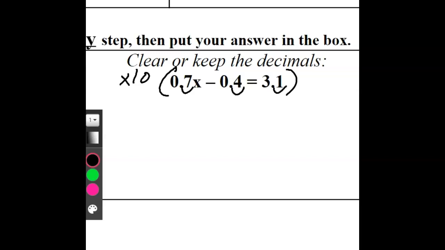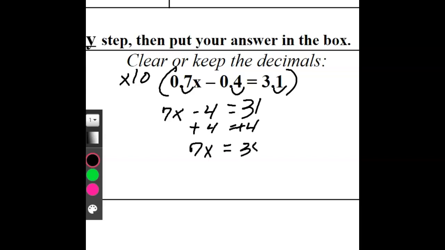So when I do that, now I have a new problem of 7x minus 4 equals 31. And as long as I do the exact same thing, then it's going to work. Okay, and it's just doing a different problem, but the answer is still going to be the same. So I add 4. 7x equals 35 divided by 7.